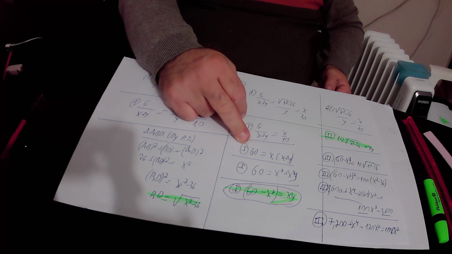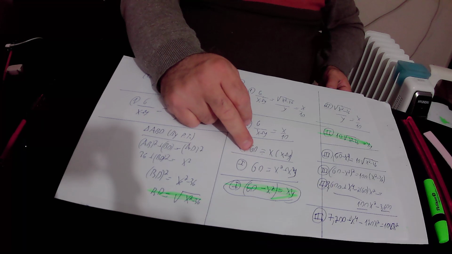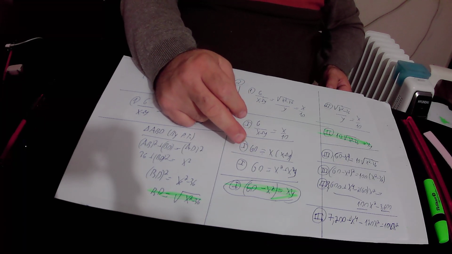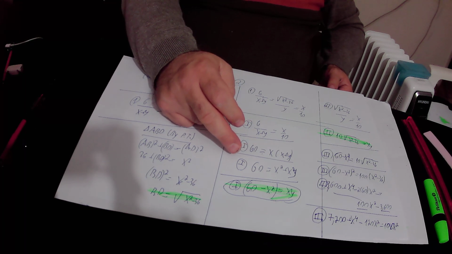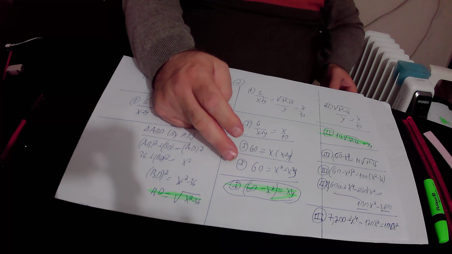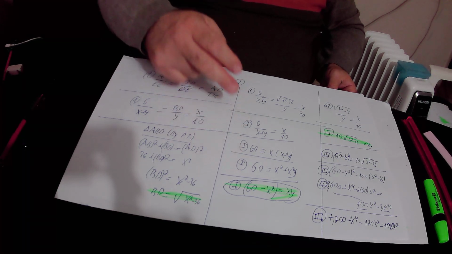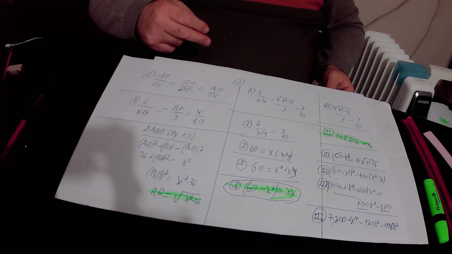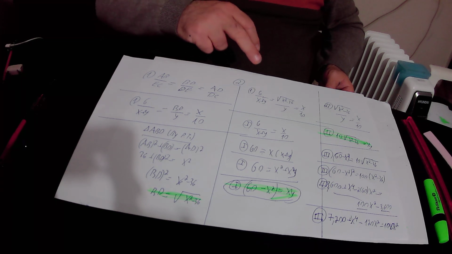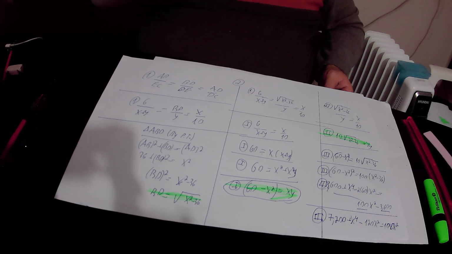We open the brackets here and we got that 60 equals x times x is x squared, and x times y is xy. We subtracted x squared and we got that xy is equal to 60 minus x squared. So this is equation number 1. Then we created equation number 2 from this equation.